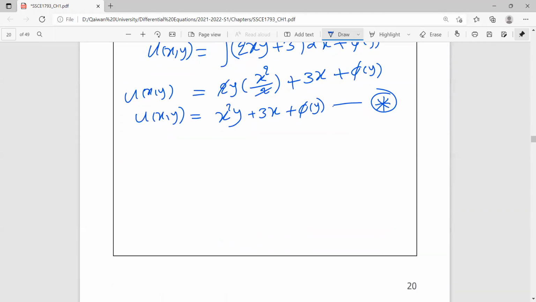And here we have u of xy. We are going to find partial u by partial y, the derivative of this function with respect to y. Look, we first find u by taking integration of m with respect to x plus phi of y, and then we find the derivative of the result with respect to y and equal this to n. What's partial u by partial y?